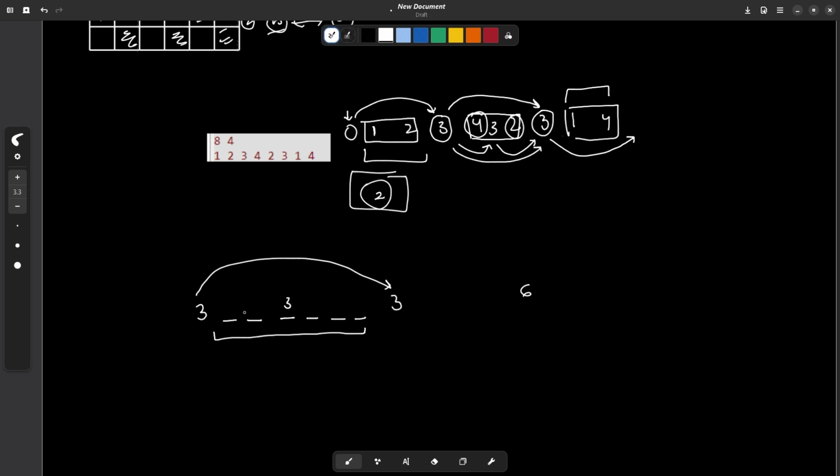Now in this case, you will realize the maximum size of the jump will be 3, because if I go from here to this particular 3, the size is 2 here, and from this 3 if I go to the last 3, the size is 3 here. So the maximum jump is 3, right? Which is equal to the number of stones divided by 2. So this is 3 in this case. Now let's say the number of stones were odd, right?